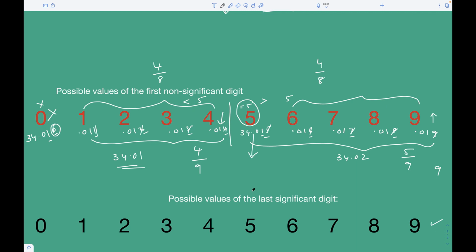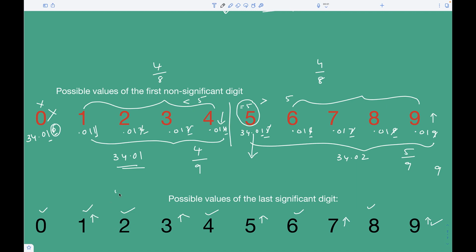It is a single digit, out of which 5 are even numbers and the remaining 5 are odd numbers. Remember, 0 is an even number. Now, if it is an odd number, round it up. And if it is an even number, round it down. Simply drop the non-significant digits.